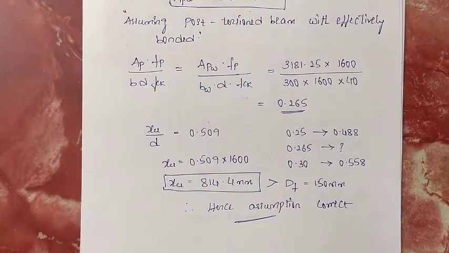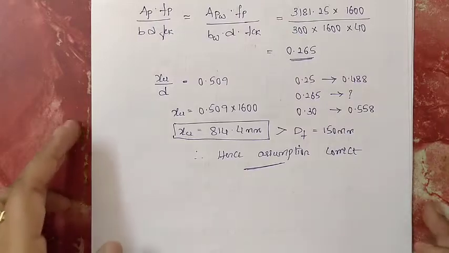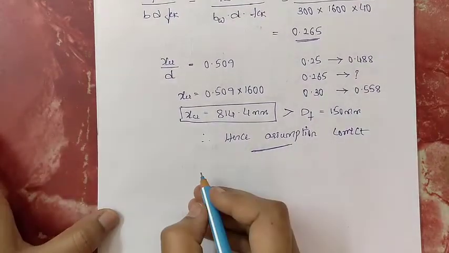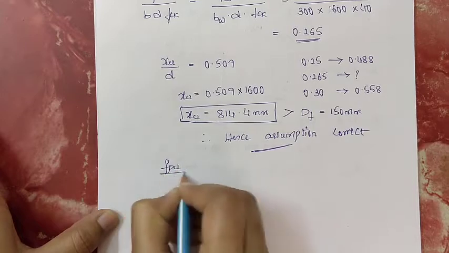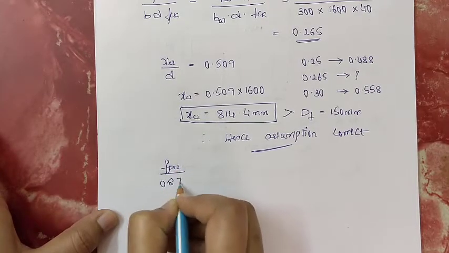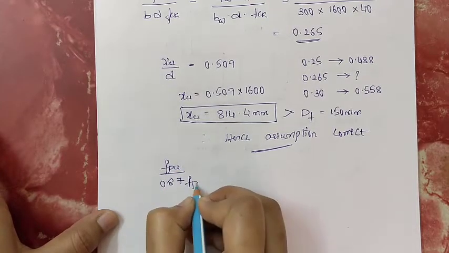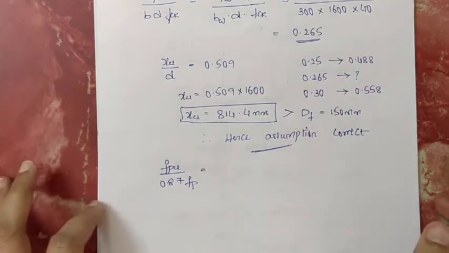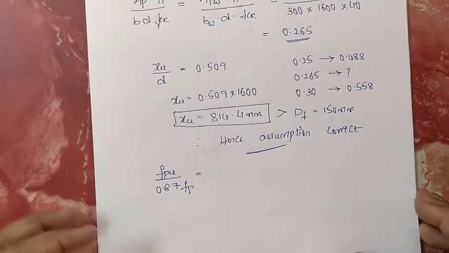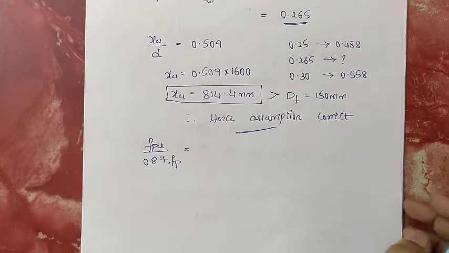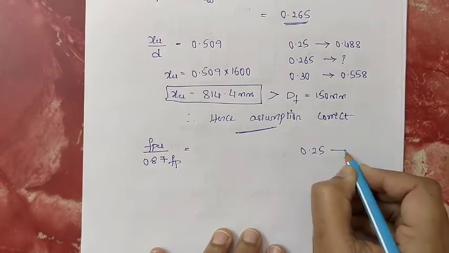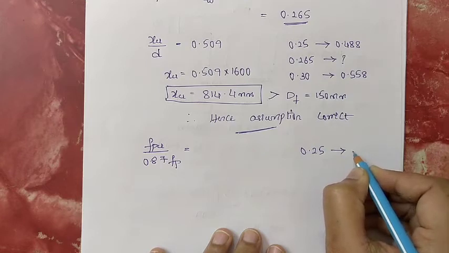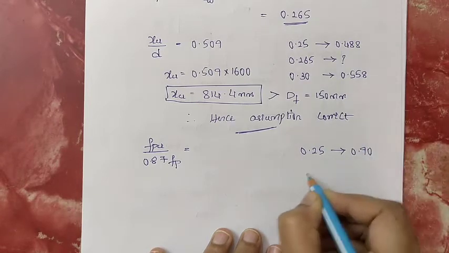Next you go for the second ratio, to calculate FPU by 0.87 FP. See that table 11. I will write the value. I have shown it earlier: for 0.25, FPU by 0.87 FP is 0.90.